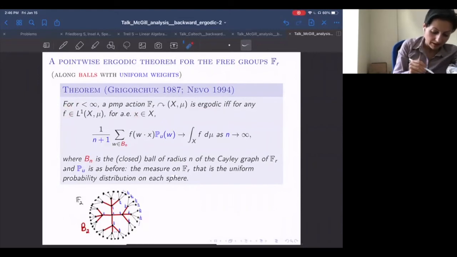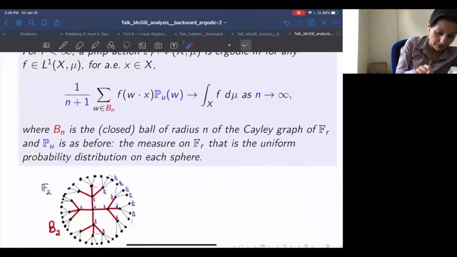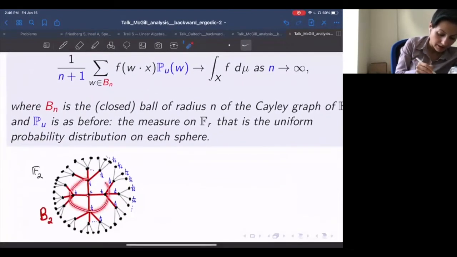if you take, so we're taking these weighted points on the free group. Okay, so on the Cayley graph, the points are weighted. So it says that if you take the average of the function along the balls and you weight the points in the ball by these uniform weights, like I described, so here are the uniform weights, and this is the ball.